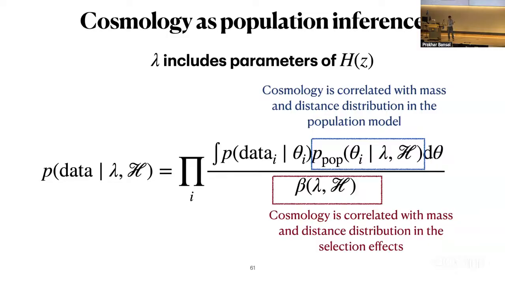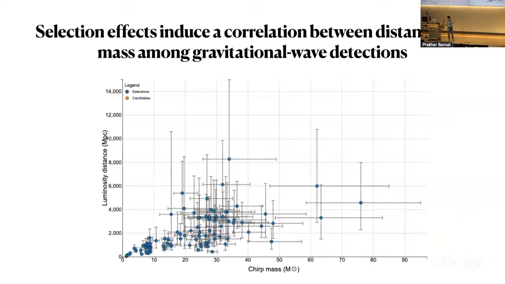And then also in the selection effects, this induces a correlation between mass and distance. We can see this simply if we look at all of our detected events in distance versus mass. We can detect more massive things to higher distance generally.